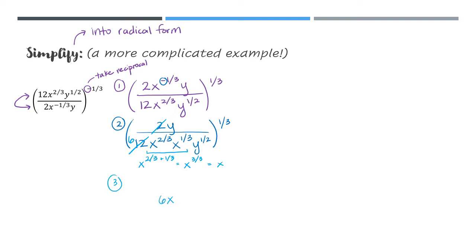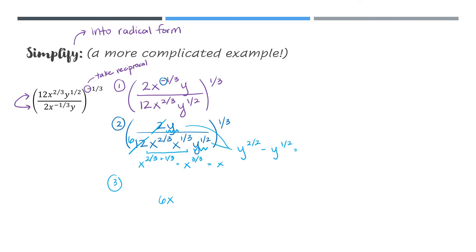What about these y's, my remaining like bases? I've got a y, we could say to the first power, in the numerator, and a y to the 1/2 power in the denominator. So perhaps I will rewrite this as y to the first, which is also y to the 2/2 power for getting a common denominator, minus y to the 1/2 power.